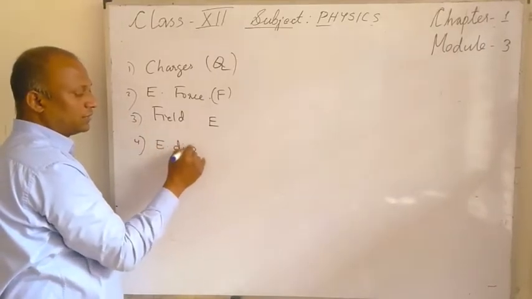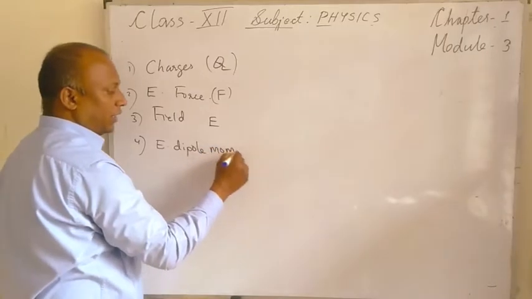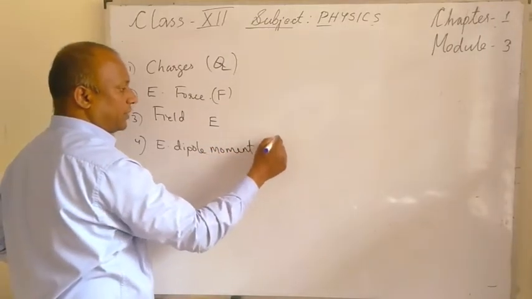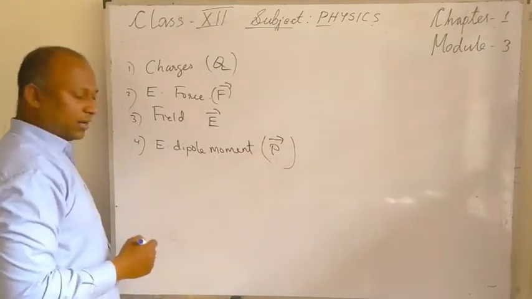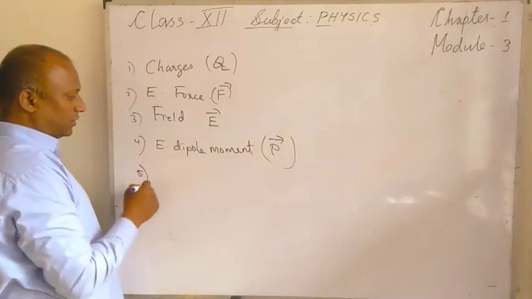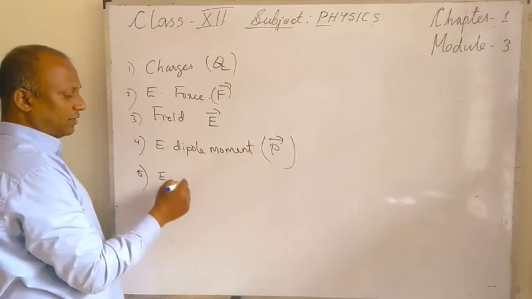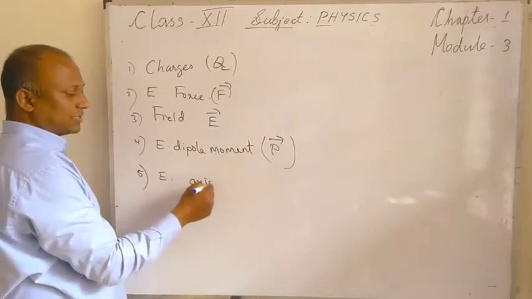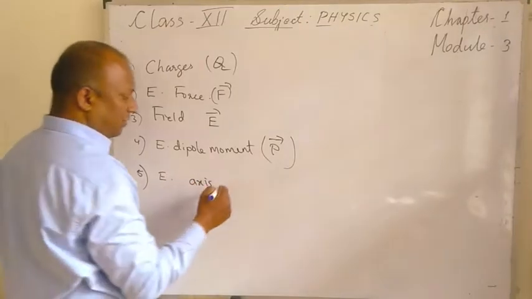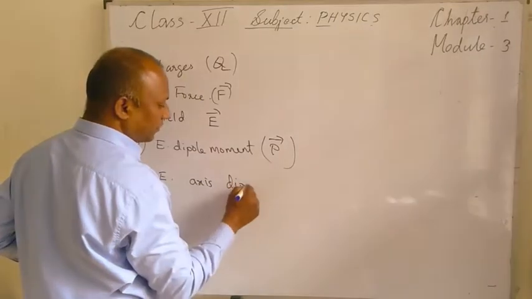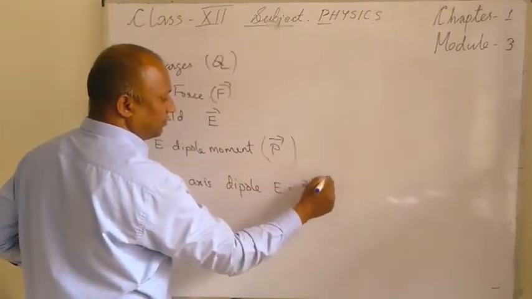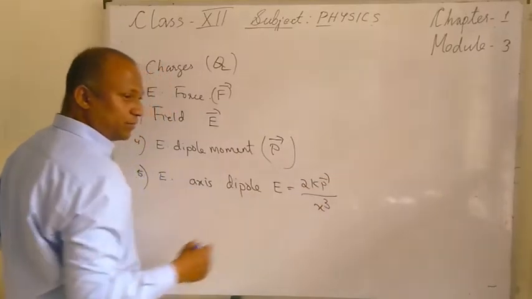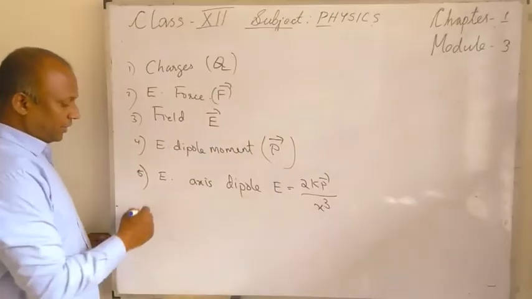Electric dipole moment is represented by capital P, and then we learned about electric field at any point on the axis of a dipole, that was equal to 2kp upon x cube, where x is the distance from the center of the dipole to the point.